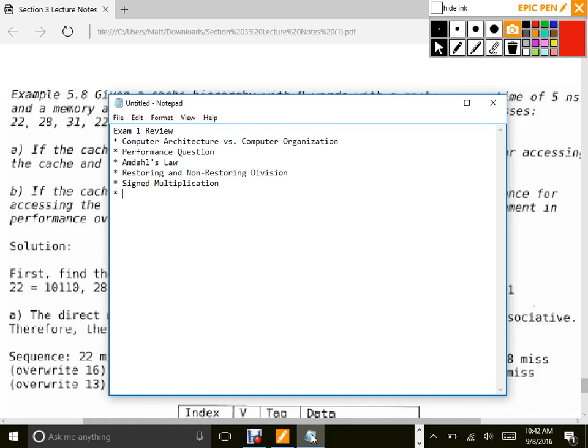I could ask floating point addition. And what's the IEEE term? IEEE 754. So I'd expect you to produce the answer in IEEE 754. What else could I ask about?